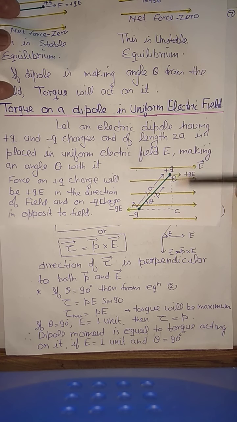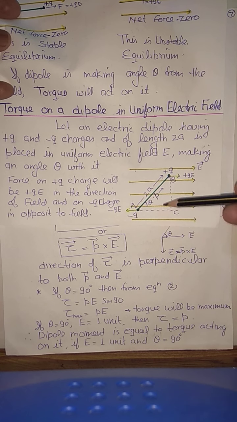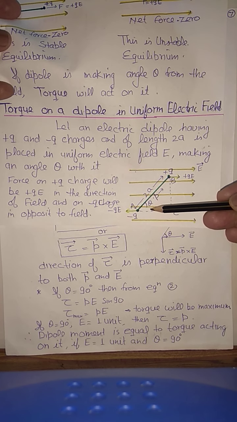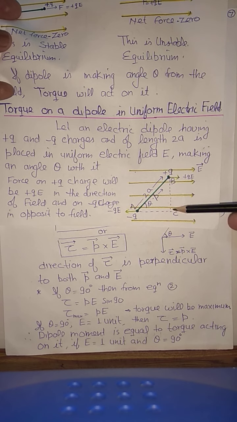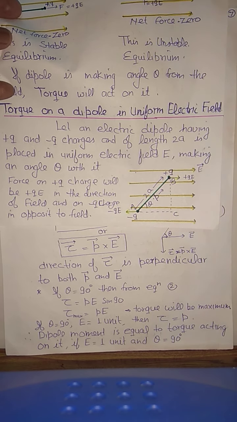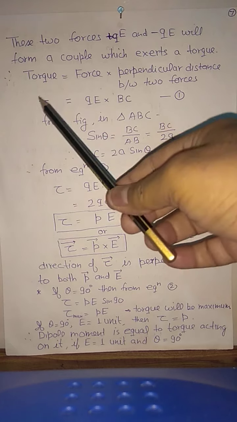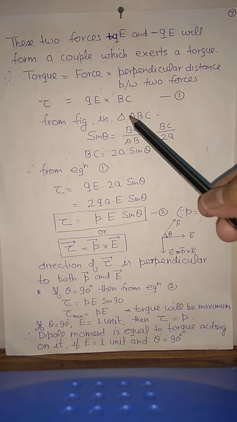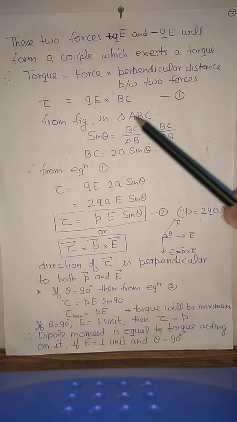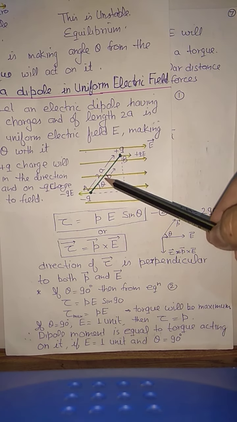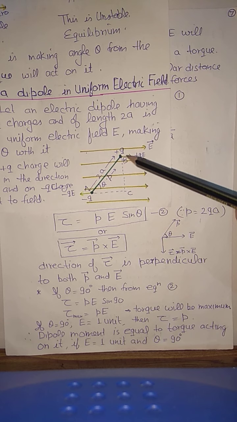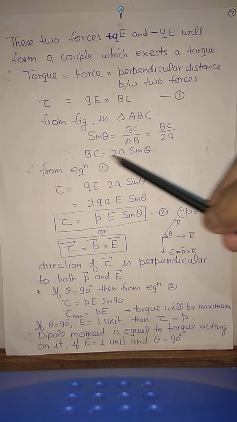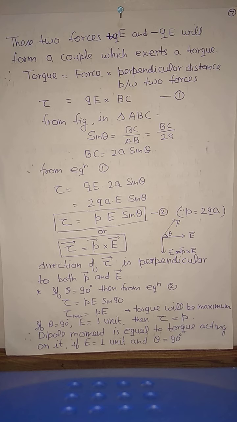And how will you find this distance? In this triangle, this is theta, then sine theta is equal to perpendicular upon hypotenuse. Therefore, torque is equal to QE into BC, and in triangle ABC, sine theta is equal to BC upon AB. On putting the value, we will get BC is equal to 2a sine theta.